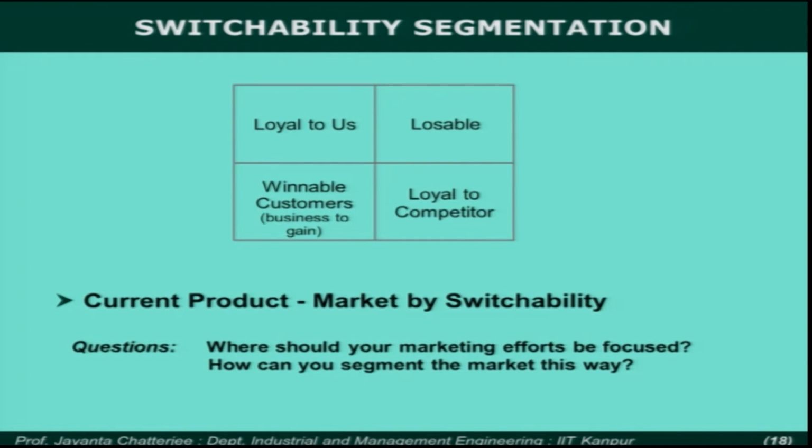In the losable segment there will be some people you would hate to lose, so there you have to develop some strategies, and some people you feel okay, I may not be able to retain them because there is some value mismatch, between what they exactly need and what I am offering.